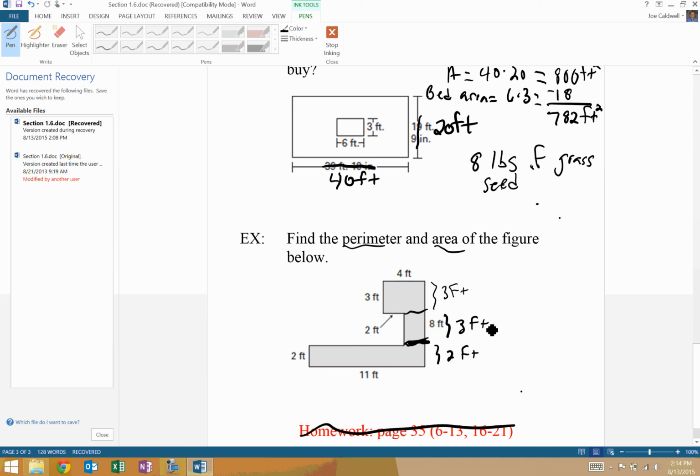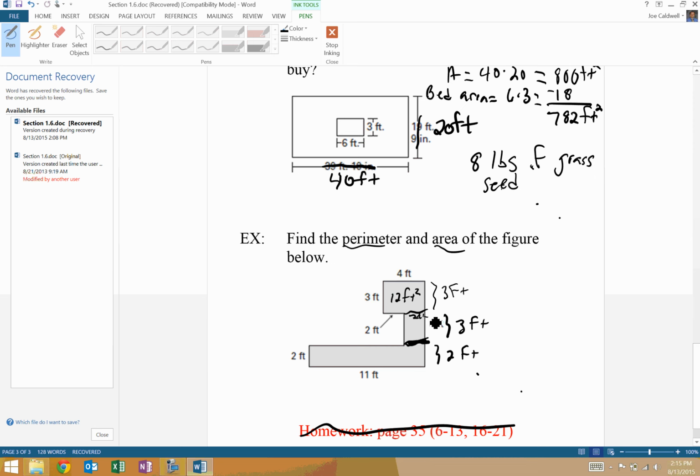Okay. Kind of several ways you could break this up. So to find the area, let's do area first. So first we're going to do 3 times 4, which is going to give us 12 feet squared. And we know this little side, if this whole thing is 4, then that little side must be 2 feet.